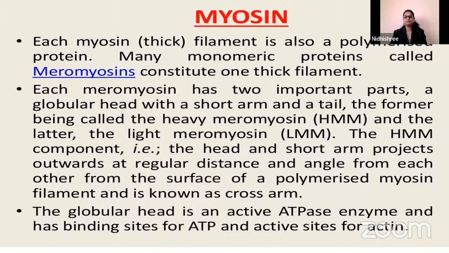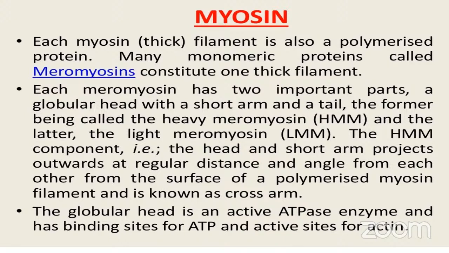Yes, ma'am. Each myosin thick filament is also a polymerized protein. Many monomeric proteins called meromyosins constitute one thick filament. Each meromyosin has two important parts: a globular head with a short arm and a tail, the former being called the heavy meromyosin, HMM, and the latter the light meromyosin, LMM.